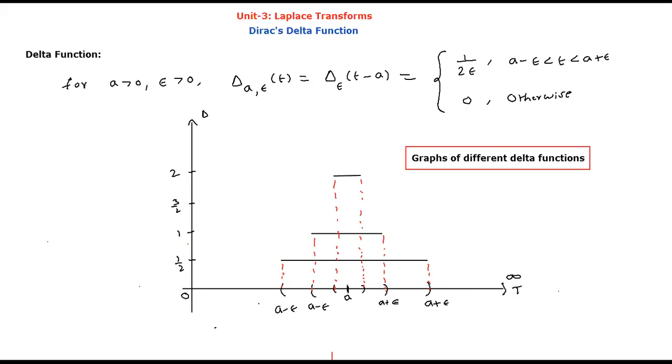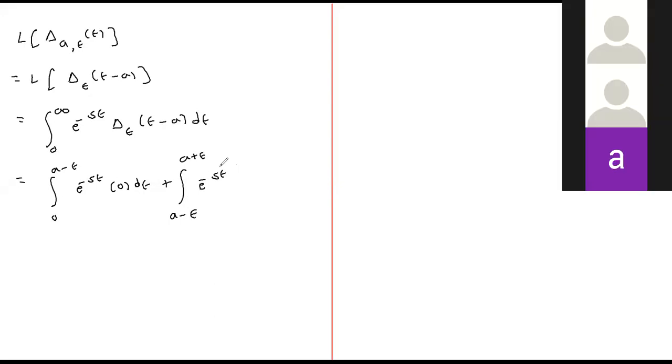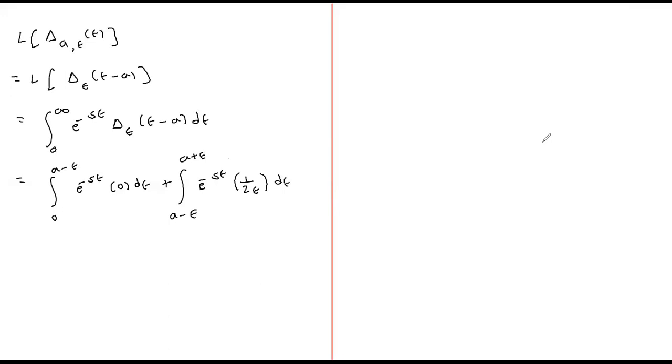Am I right? So I'm just writing this step here. 0 to a minus epsilon e power minus st, what is the delta value there? 0, dt, plus a minus epsilon to a plus epsilon e power minus st, what is the delta value in this interval? 1 by 2 epsilon, dt, plus a plus epsilon to infinity e power minus st into function value 0. So finally, the first integral is 0, the third integral is 0, and 1 by 2 epsilon is constant.